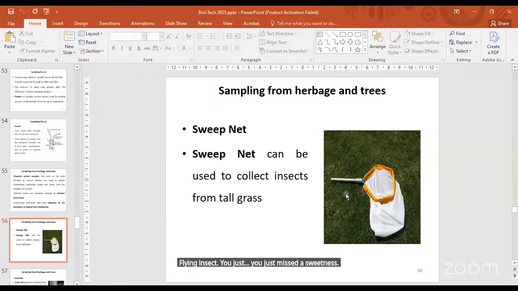You just swing it, targeting flying insects, and then the insect is caught in the sweep net. Usually it has a design that you can easily draw and then close off. That's how a sweep net is designed.